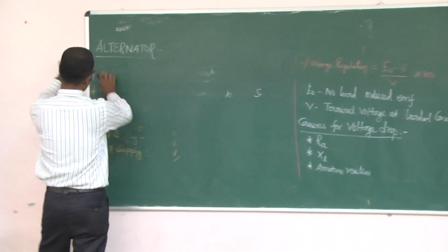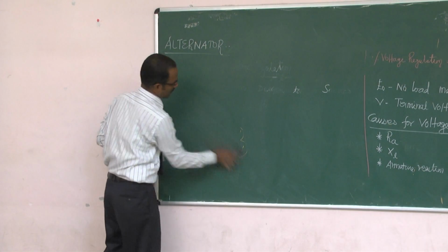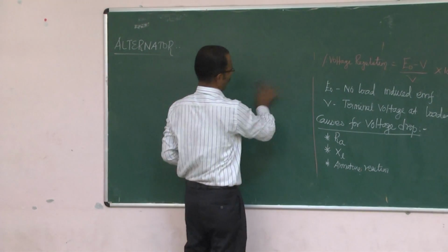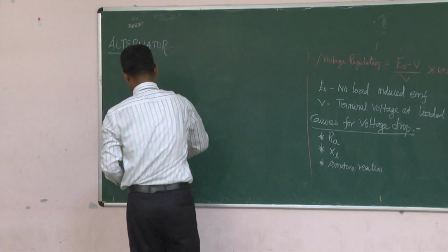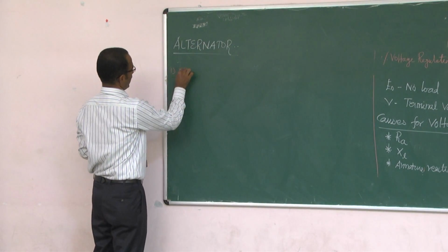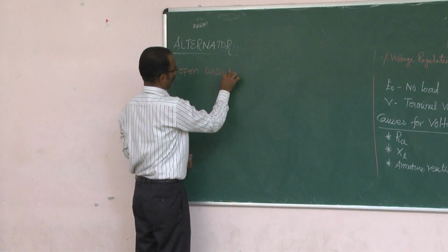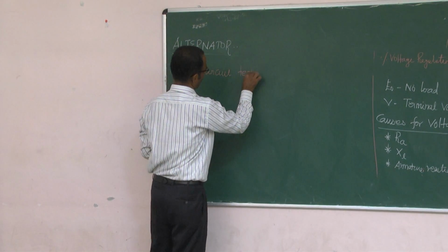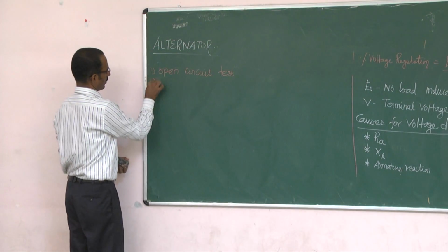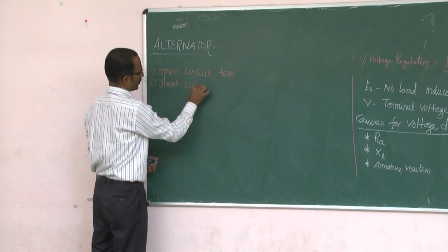To test the machine by the indirect method, we need three test data. The first one, open circuit test data. The second one, short circuit test.